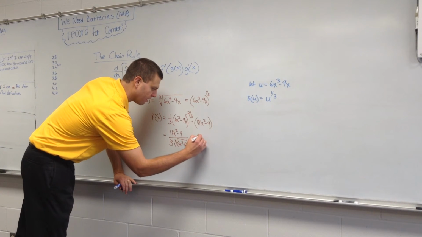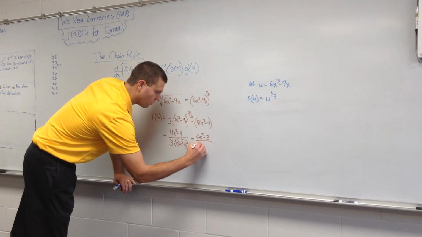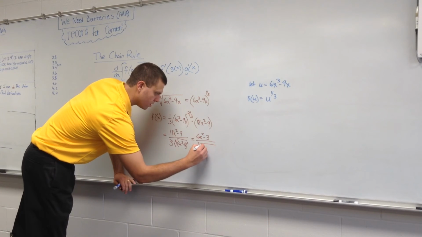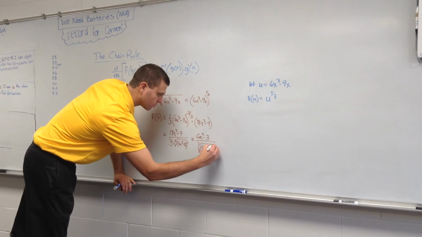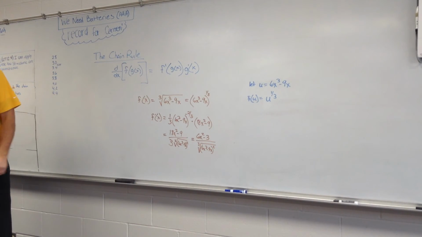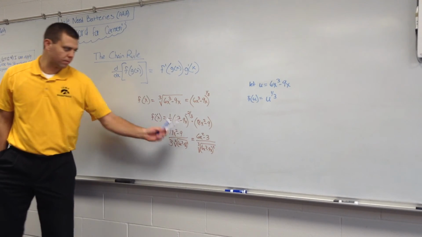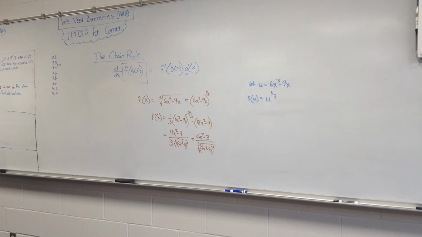So really you could have 6x squared minus 3 over the cube root of 6x cubed minus 9x squared. So yeah, that's true. I bet in this particular problem, if this was the problem in the textbook, this is what your answer would look like.